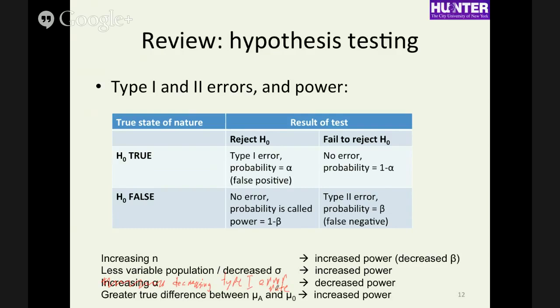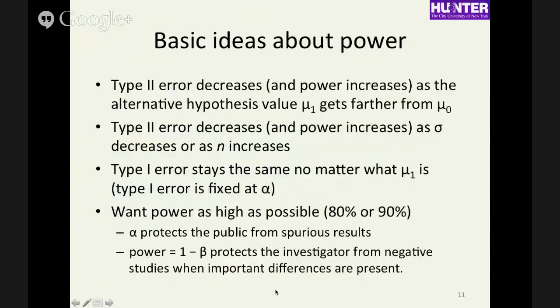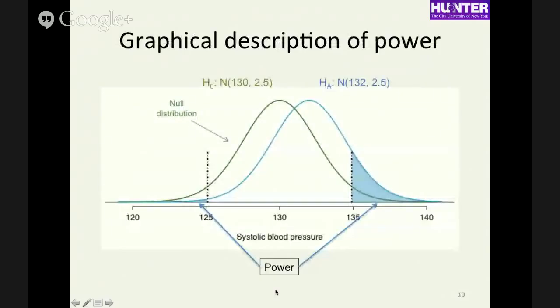Looking at this, if our target population has an alternative distribution, when we sample it, it has a distribution of mean blood pressures that really is on average different from the null hypothesis.